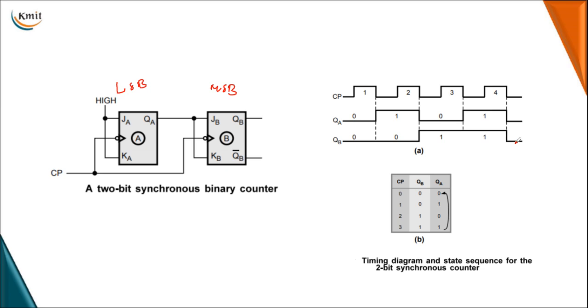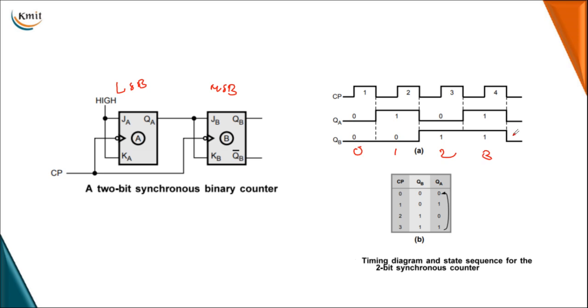Now if I count here, for the first clock pulse it is counted as 0, the second clock pulse as 1, and the third as 2, when QB is 1 and QA is 0, and then 3 when both QB and QA are logical 1. These give the decimal codes 0, 1, 2, 3.